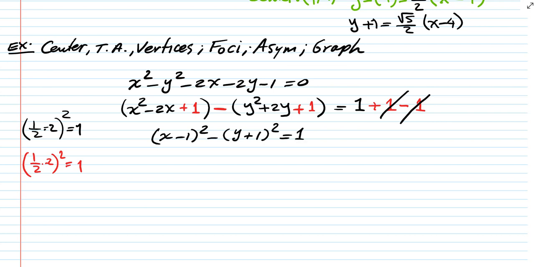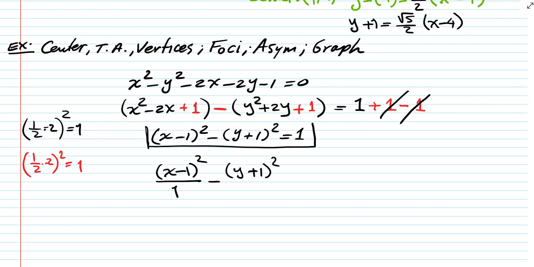Okay, now that is the equation. Right there, that's the equation. But here's how I'm going to write it. This is going to help me graph it appropriately. I'm going to show both of these binomials over 1: x minus 1 squared over 1, minus y plus 1 squared over 1, equals 1.